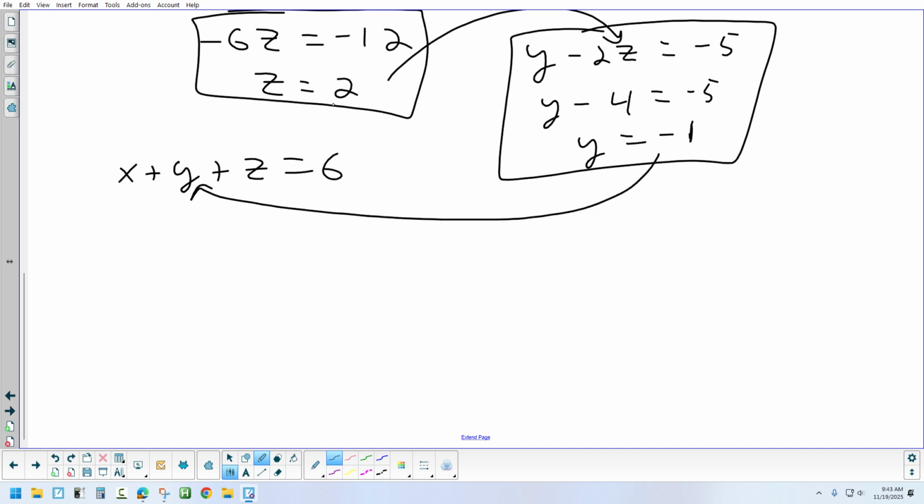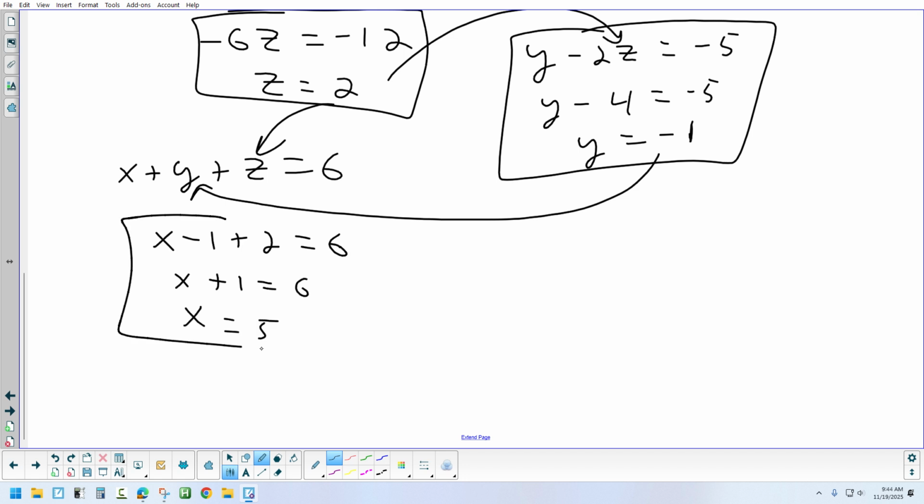Take your y, take your z, and then the only letter we won't know is x, and we're going to solve for it. So x, y is negative 1, z is 2. What's negative 1 plus 2 give me? 1. Which means x would equal 5.